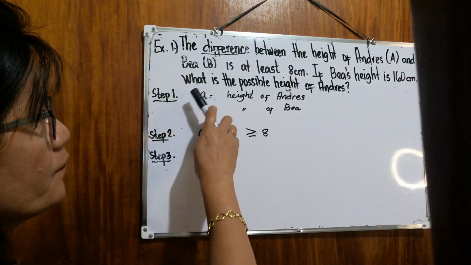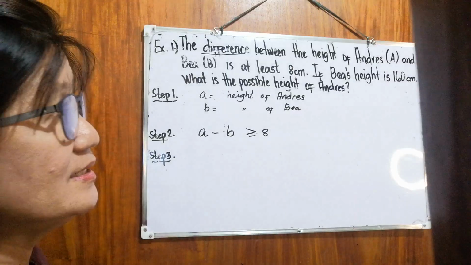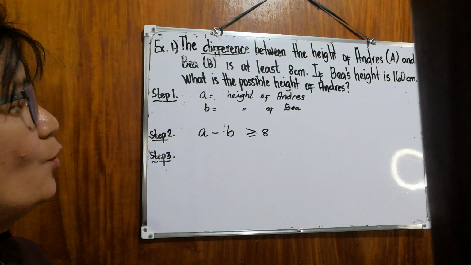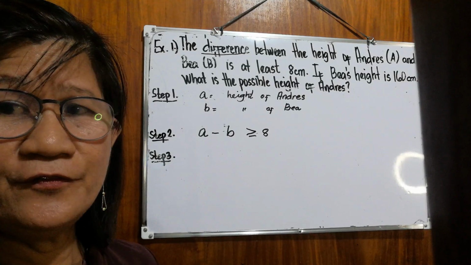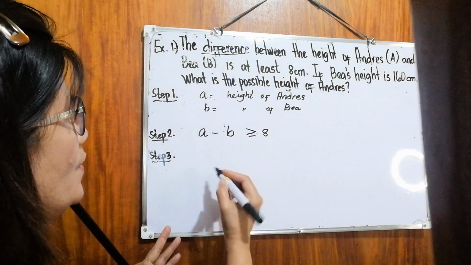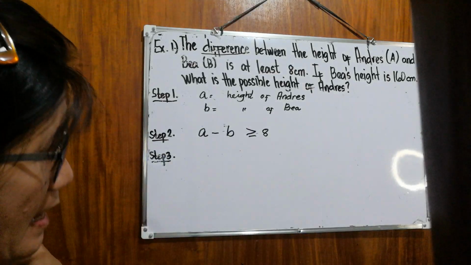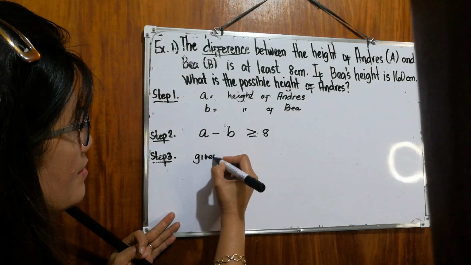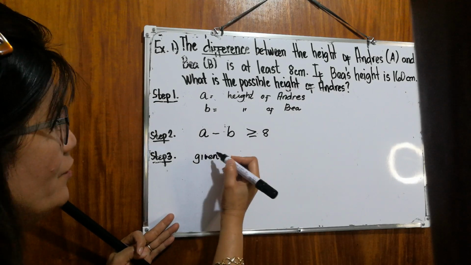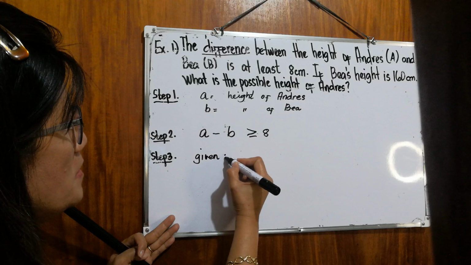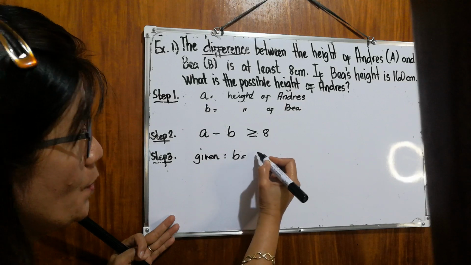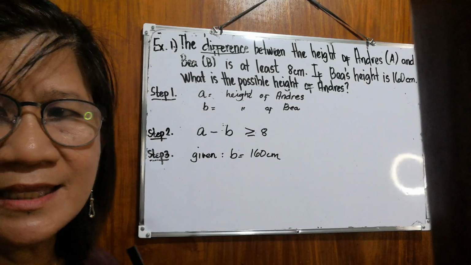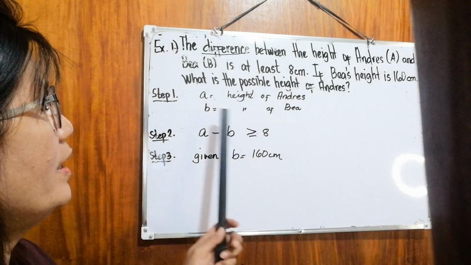Okay, next. If Bea's height is 160 centimeter, what is the possible height of Andres? Okay, so let's ayun na. So ang given dito, given B is equal to 160 centimeter. Given yung height ni Bea. Ang tinatanong ay ano?